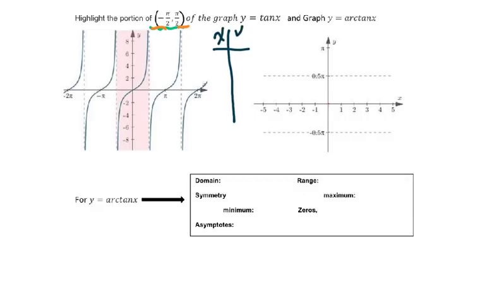We have x, y. Tangent 0 equals 0. Tangent pi over 4, that's 1. Tangent negative pi over 4, that's negative 1. Pi over 2 will be undefined. Negative pi over 2, that's undefined.